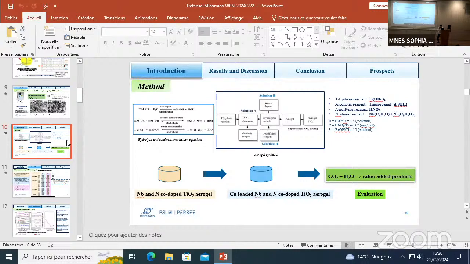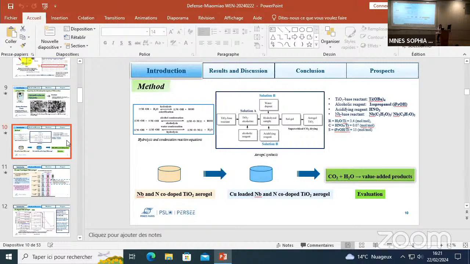But it's really important because we see some effect of the calcination under ammonia. And sometimes when we look at the quantity of nitrogen in the materials, it seems difficult to say it's only due to this very, very small quantity of nitrogen.